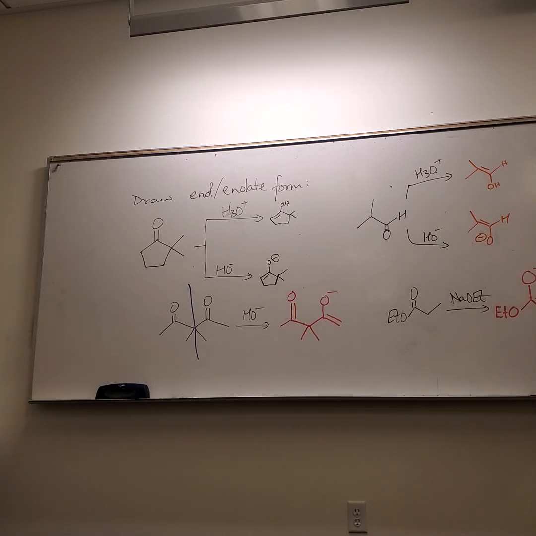So we're going to talk about now the choice of base. Is there a way for us to make one enolate the major enolate or the minor enolate, depending on the structure of the molecule? The answer is yes, we can. So one of the enolates possible would be this, do you agree?